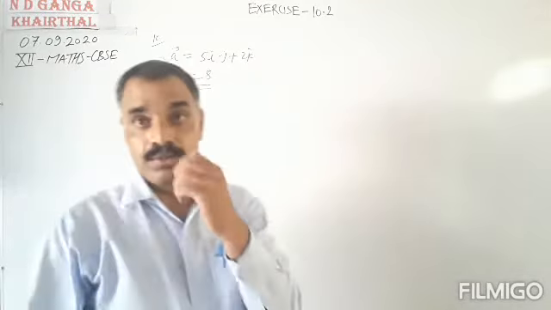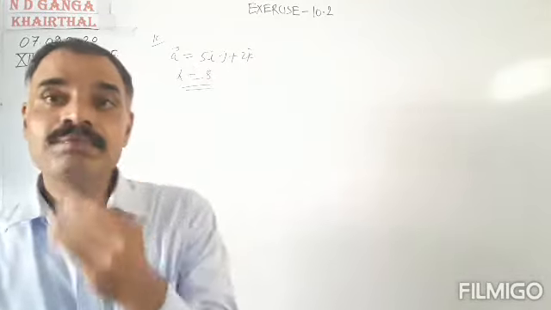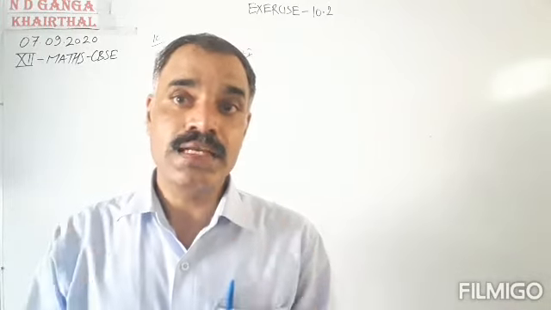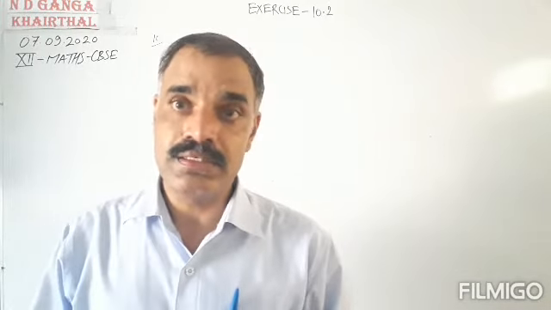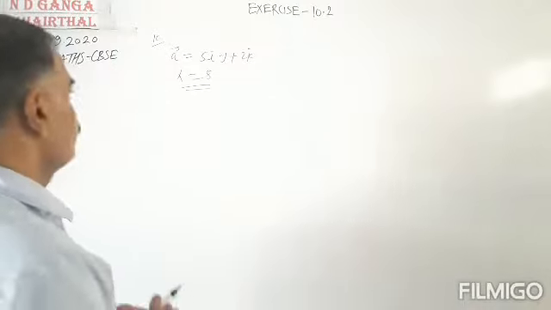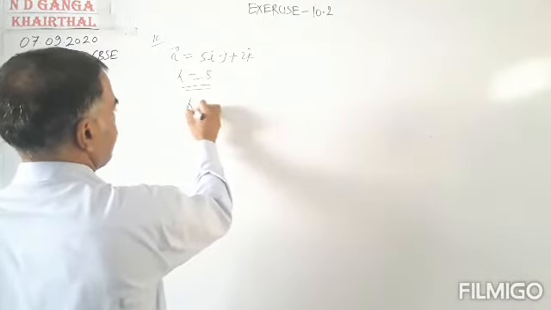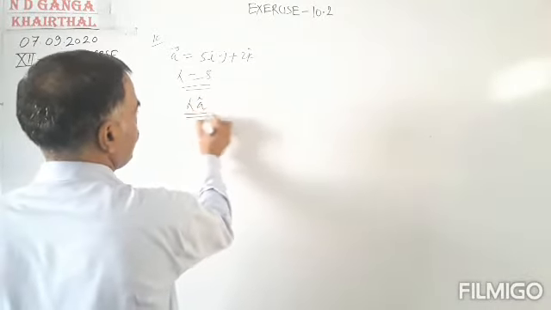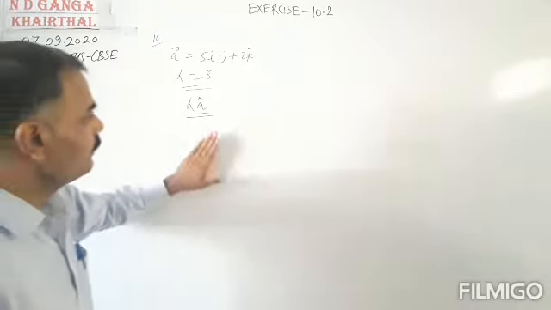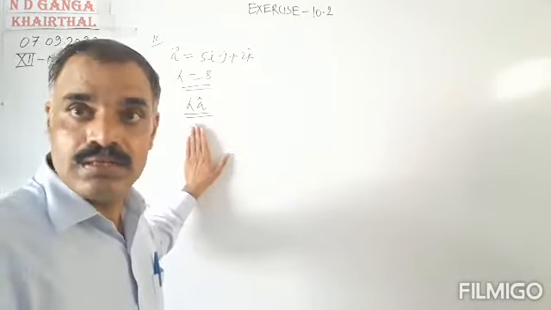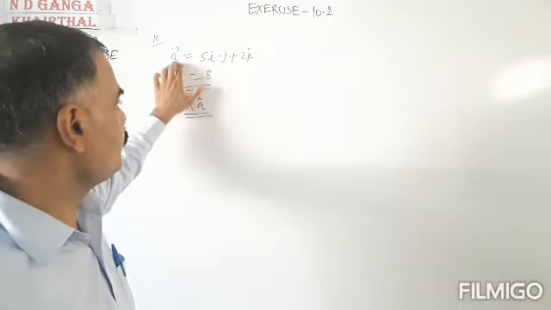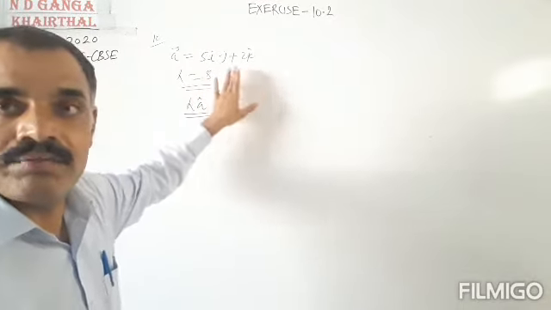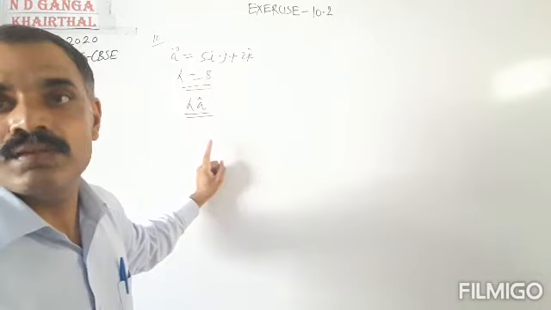Magnitude 8 units. Okay, so how will we find it? In scalar multiplication, lambda a cap is the vector in the direction of the vector a vector and having the magnitude lambda.